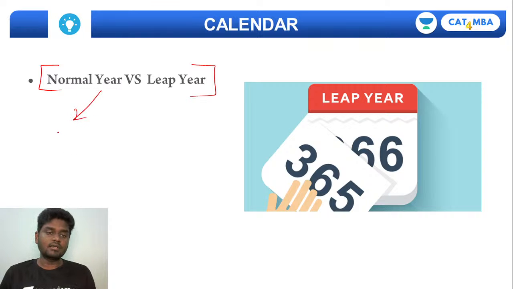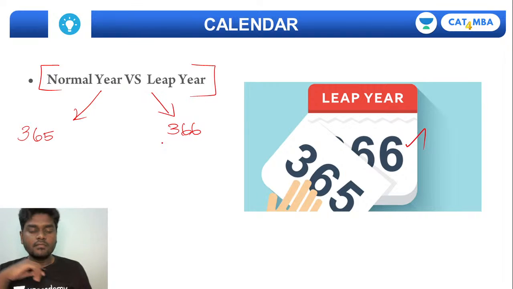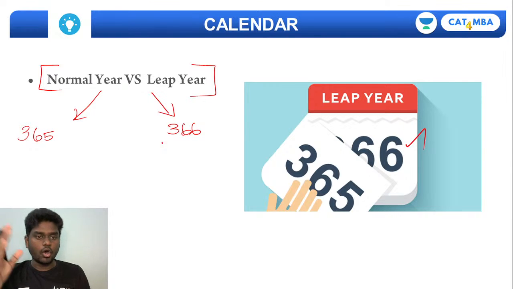A normal year, we all know, has 365 days, and a leap year has 1 day extra, so it has 366 days. That extra day is added in the month of February, on the 29th.